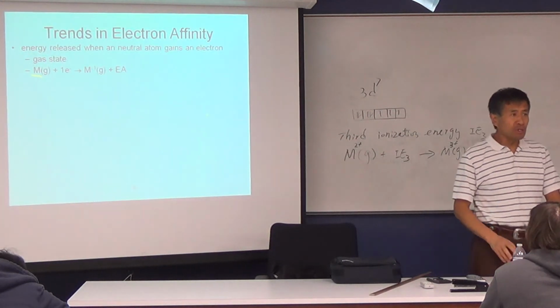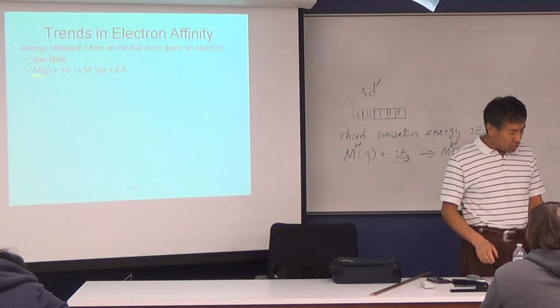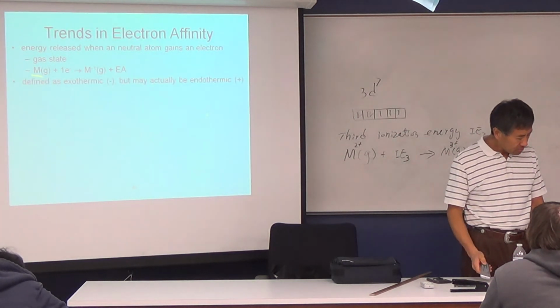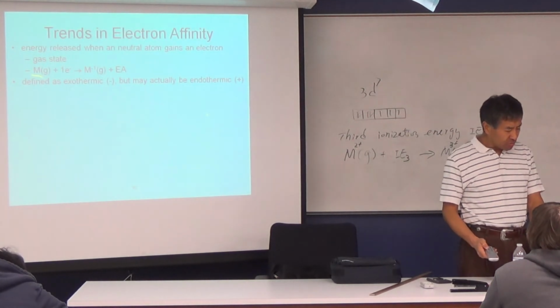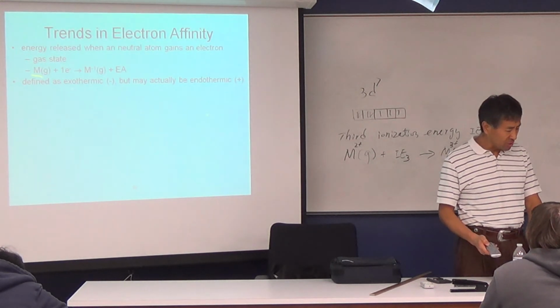That means in this process you produce energy, so in general it is an exothermic process. But some atoms may be endothermic because they are already very stable, like a noble gas.